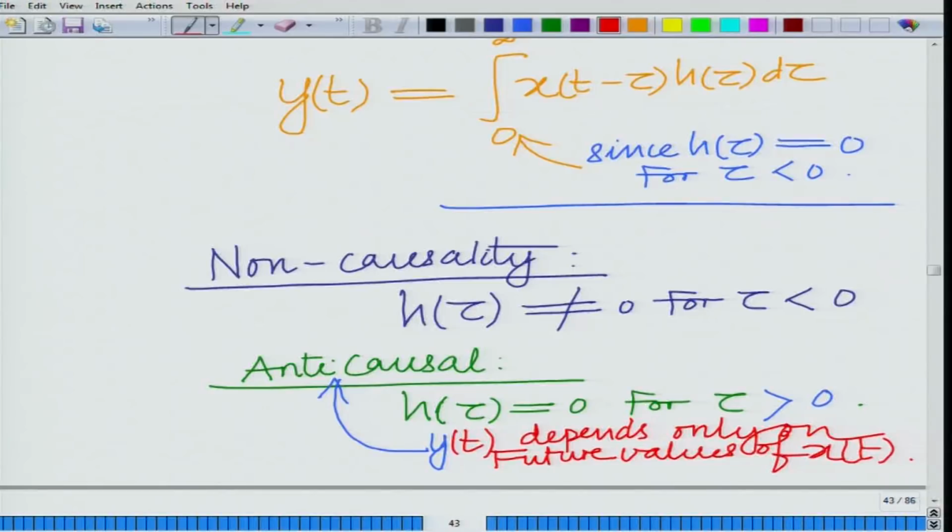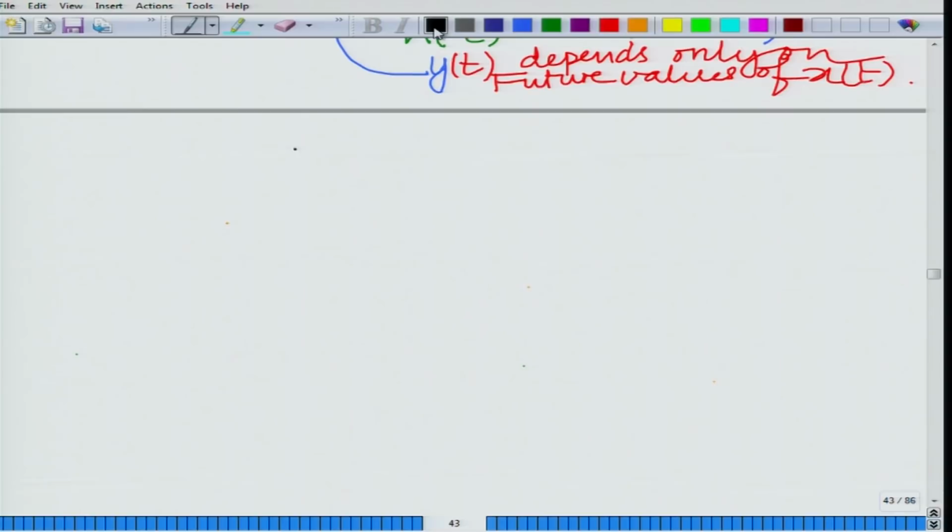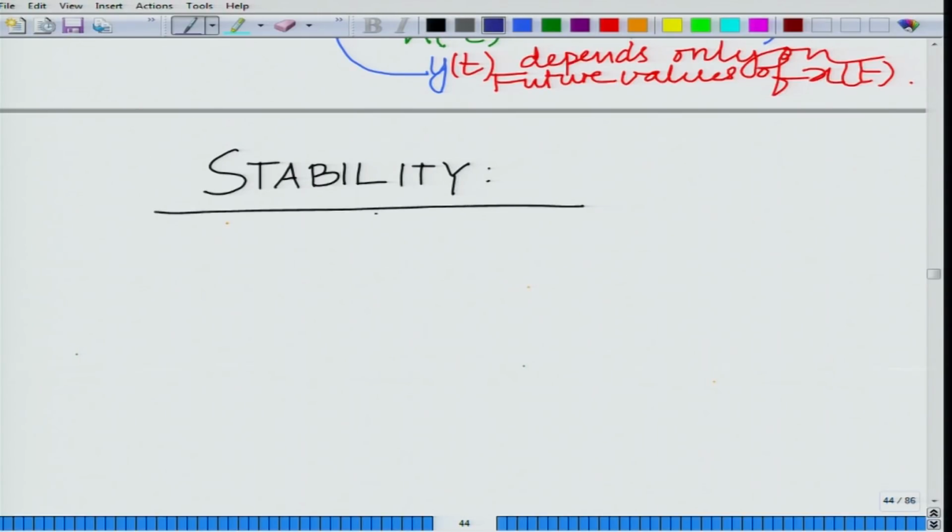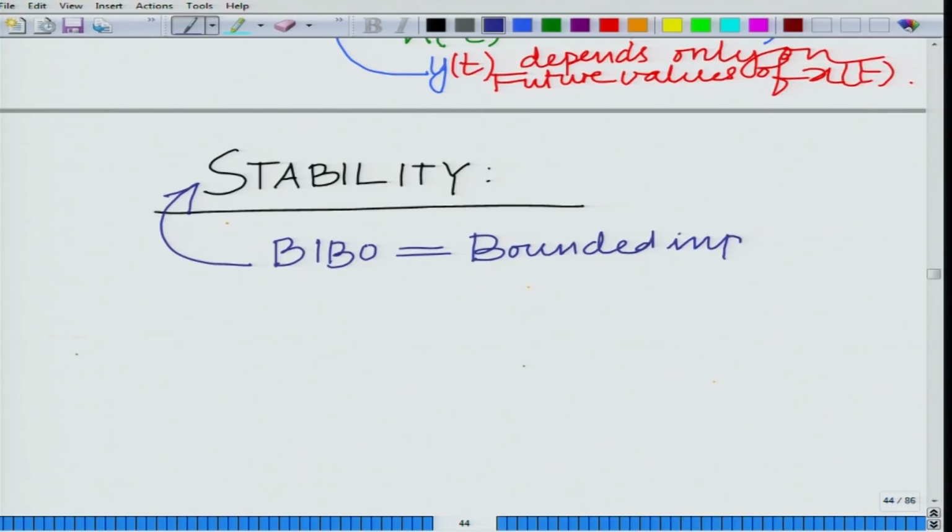Let us now look at another important aspect, that is stability. In particular, let us look at BIBO stability, which we already described previously, that is bounded input, bounded output.